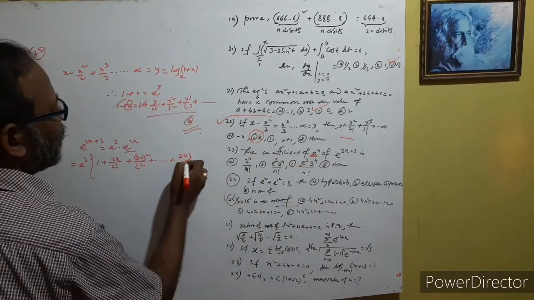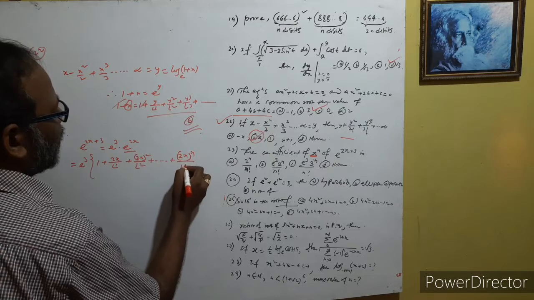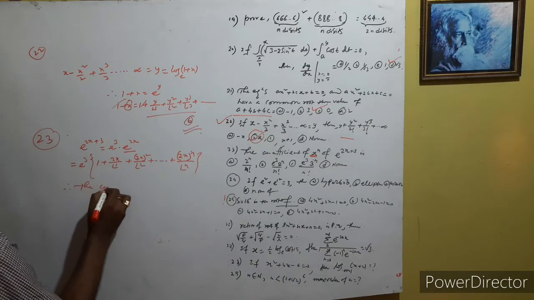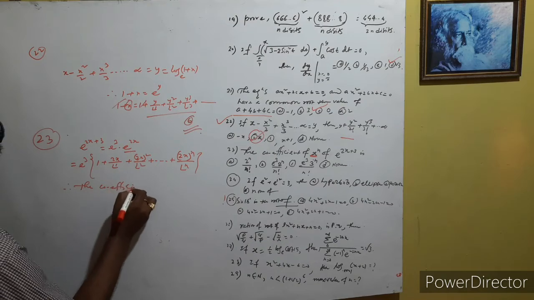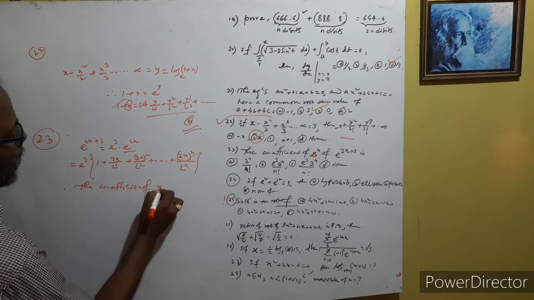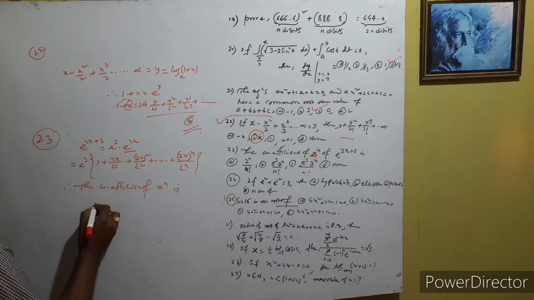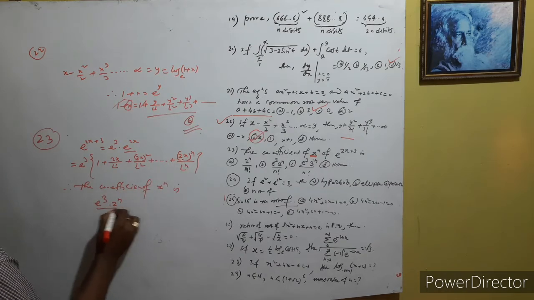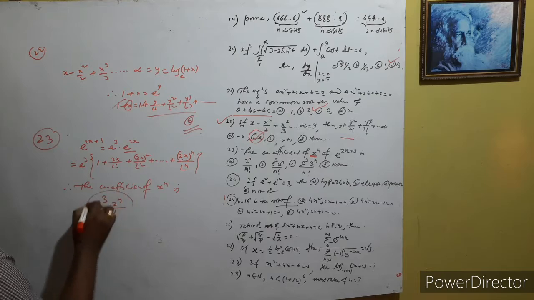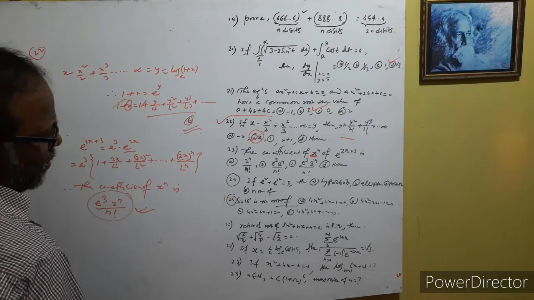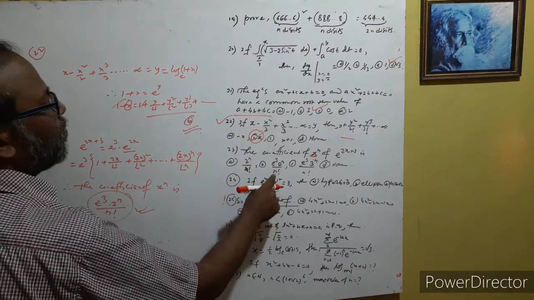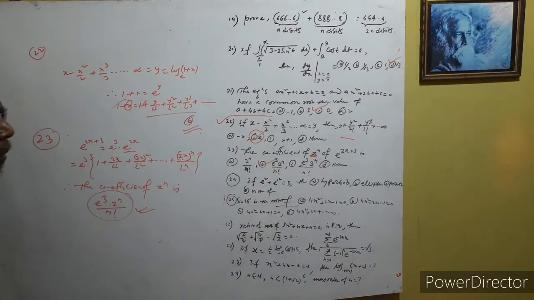So this is 2x whole to the power n by factorial n. Therefore the coefficient of x to the power n is e to the power 3 into 2 to the power n by factorial n. Okay, this is your answer. So e to the power 3, 2 to the power n by factorial n, option B.